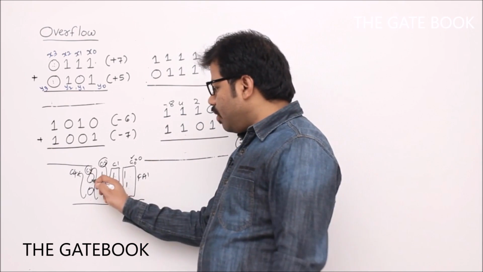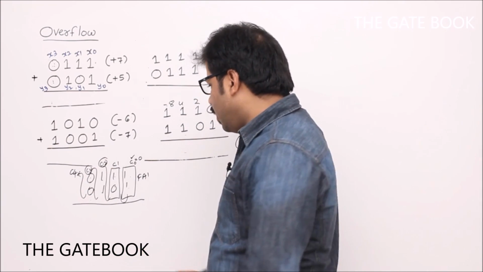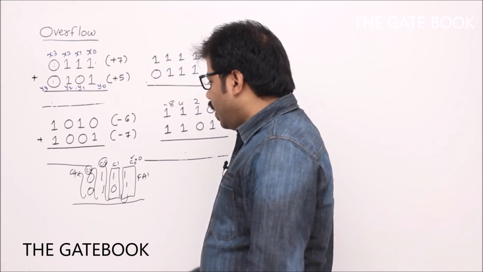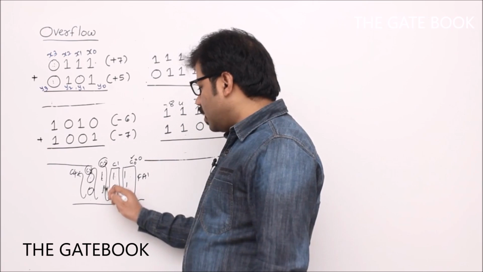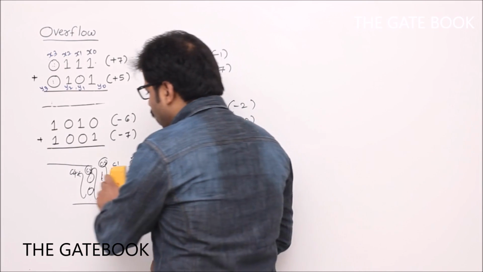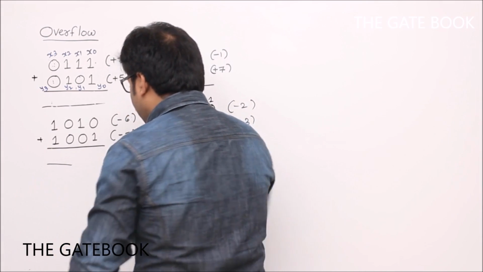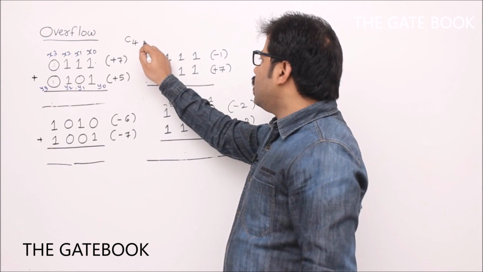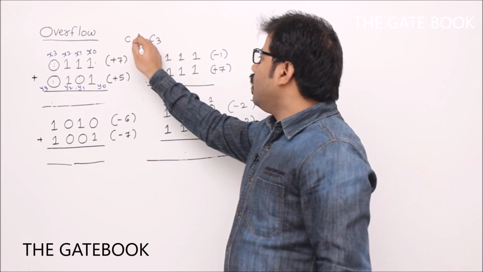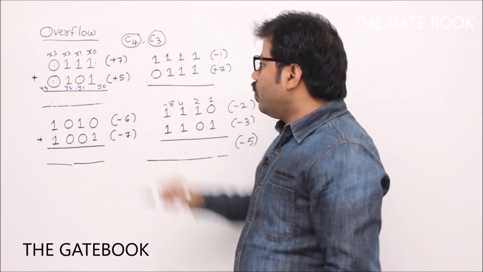C4 means the carry coming from the last three bits. And C3 is nothing but the carry coming from these two, the last but one bits. Remember it, okay? Now, we can realize a circuit with C4 and C3. So C4 and C3 are going to decide the overflow.